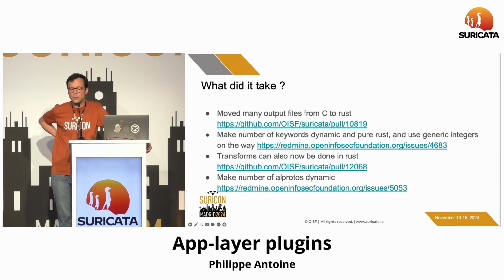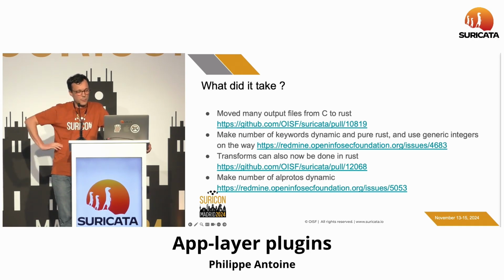And the last pull request, besides adding plugin, the last step before that was to make the number of app layer protocols dynamic, and this was the most painful part, because there were a lot of arrays using the compile-time constant ALPROTO_MAX.